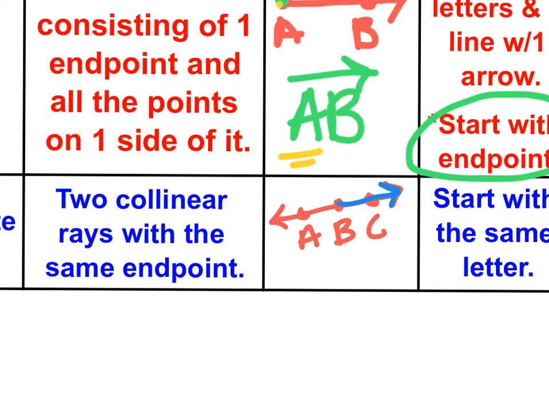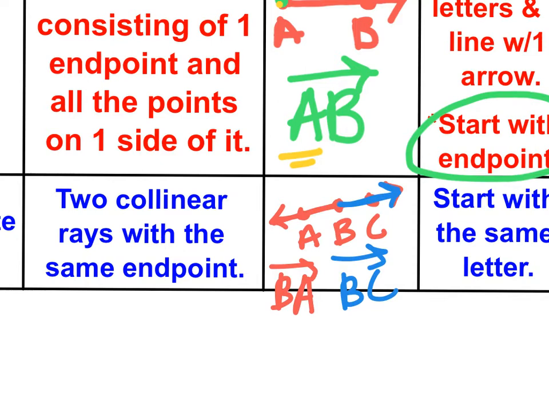Sorry, I already did that wrong. BA, and let's actually do that in red. Sorry, I'm struggling. BA would be the name of one ray. It's the red one. It starts at B and goes towards A. And then BC would be my second ray. It is the blue one.